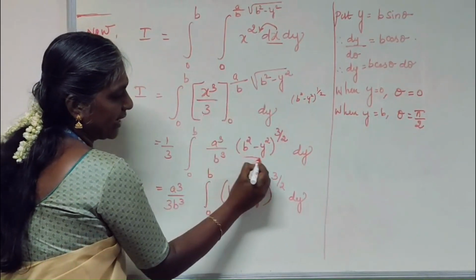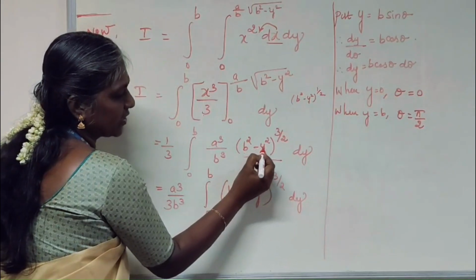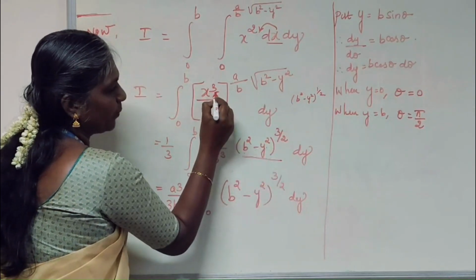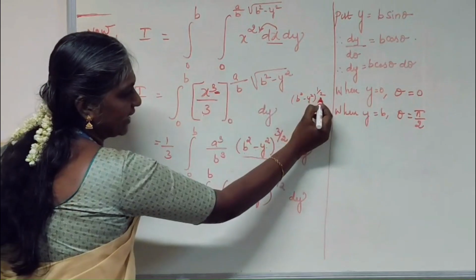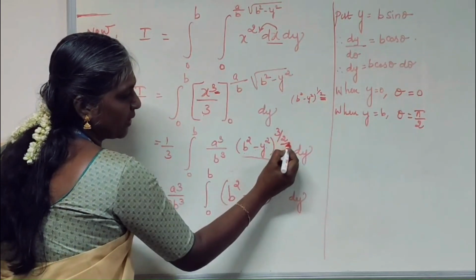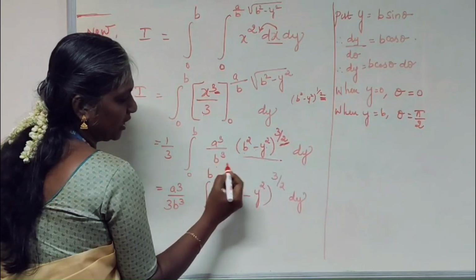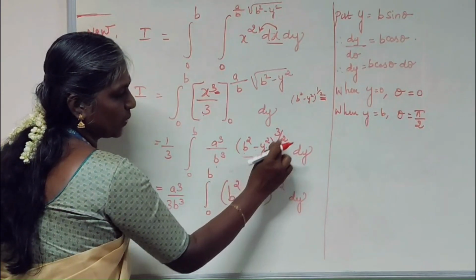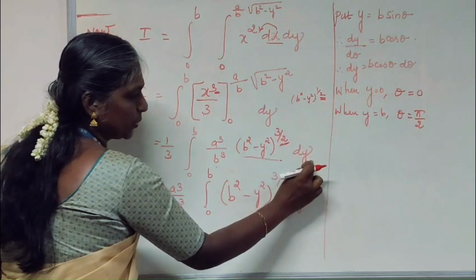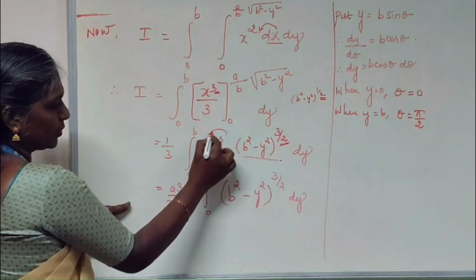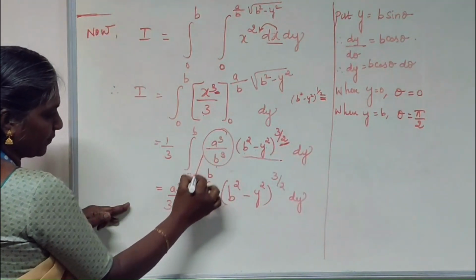The multiplication of powers is 3 by 2. So a cube by b cube, b squared minus y squared the whole power 3 by 2 into dy. Again I took this constant outside.